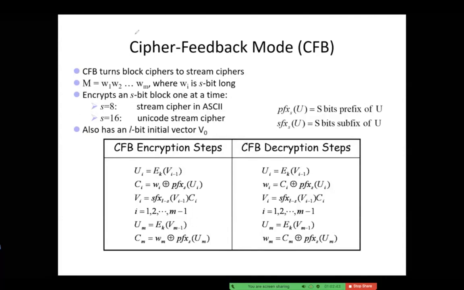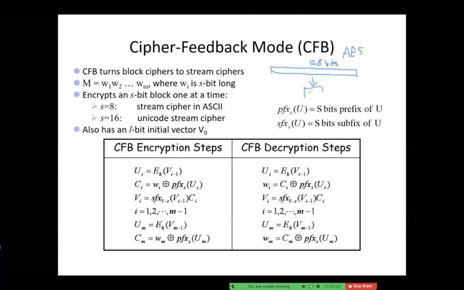So let's say you have a block cipher. Let's say you're using AES, which is 128 bits long.